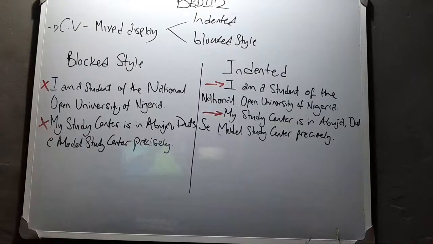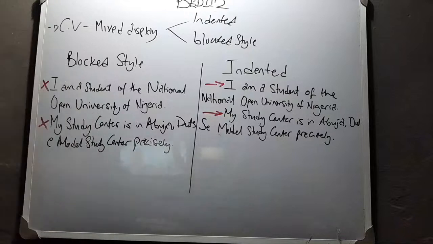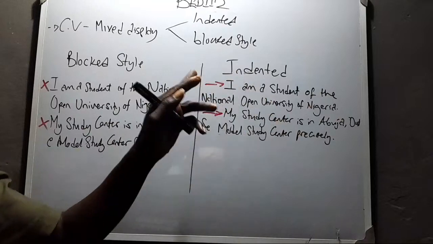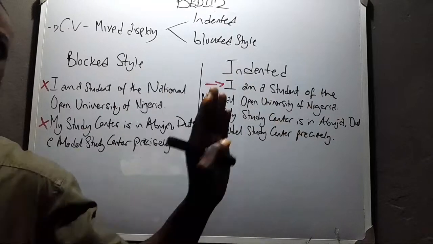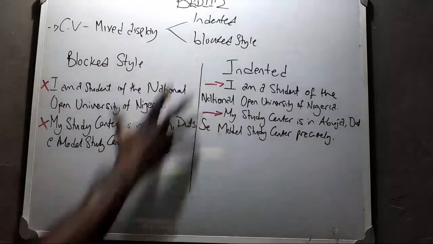That's how we differentiate between the indented and the block style. As you can see, the indented has space. Each paragraph has some space between, but the block style, it's full.